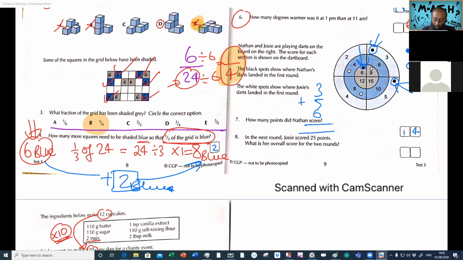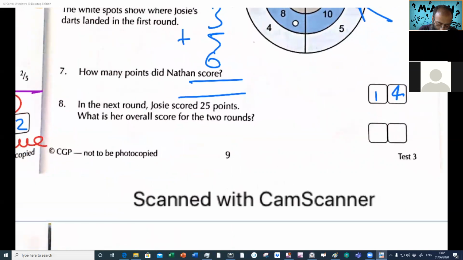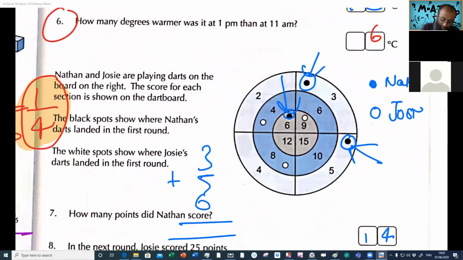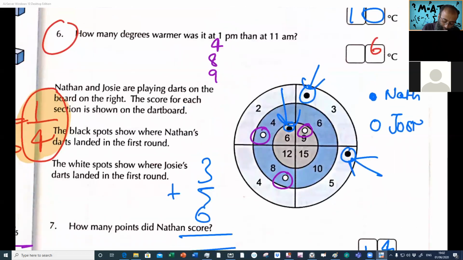Okay, lovely. Next one. The next question says in the next round, Josie scored 25. What's her total? So we've got to work out the total for the first round. Josie scored 4, 8, and 9, and then we're going to add to that another 25.